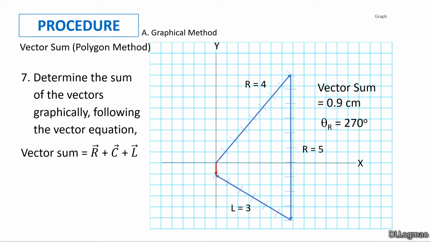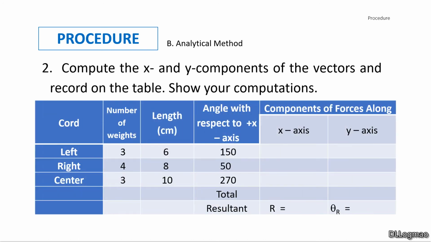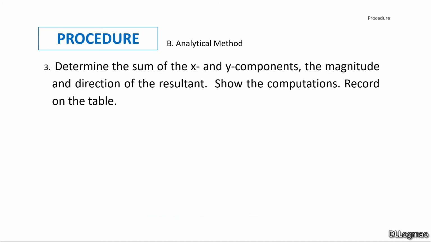Determine the sum of x and y components, the magnitude and direction of the resultant. Show the computations, record on the table. The x component of the left vector is equal to the magnitude of the vector times cosine of the angle of the vector from the positive x axis.